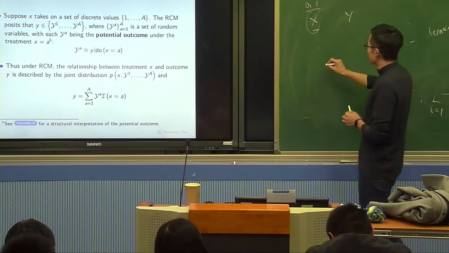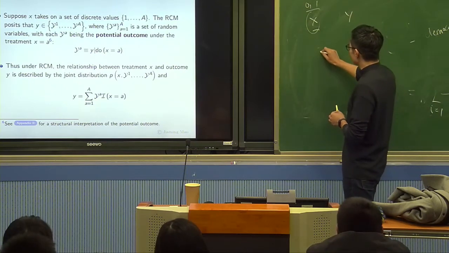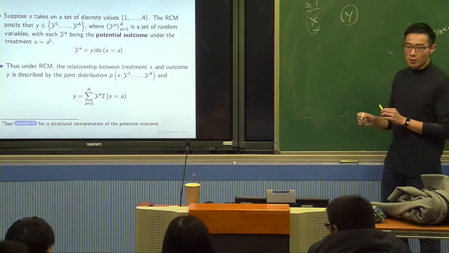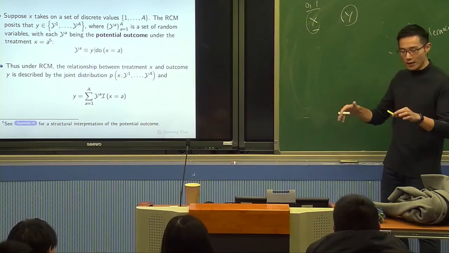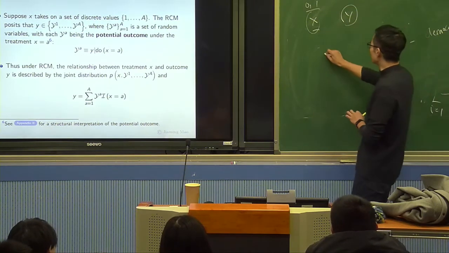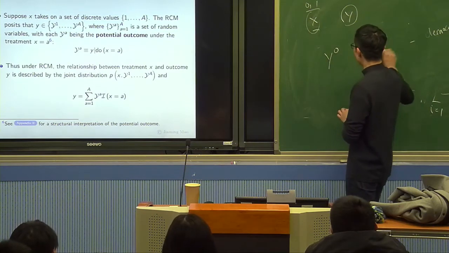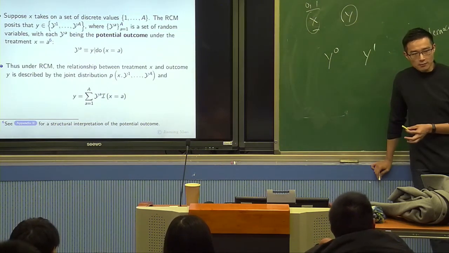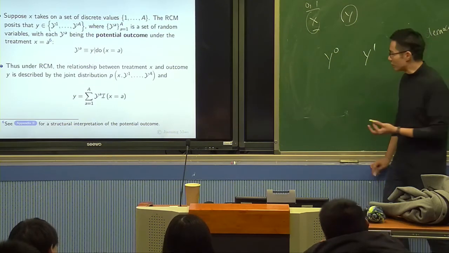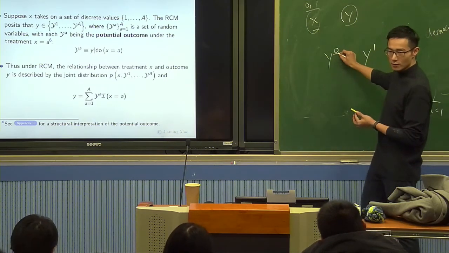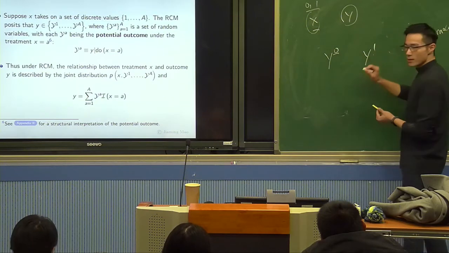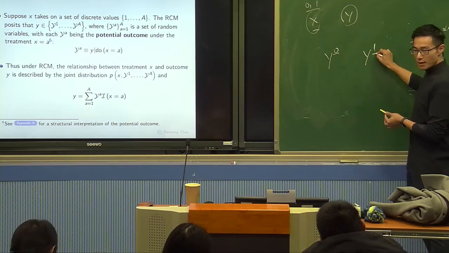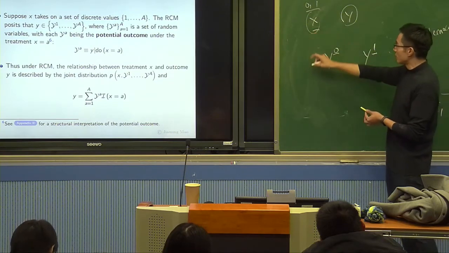In the 0-1 x, the Rubin causal model says what you see is the y. But what you see is not what's underlying. Because underlying, there are actually two random variables called y0 and y1. y0 means the outcome if the person received treatment 0, x equal to 0, and y1 means the outcome if the person received treatment 1.